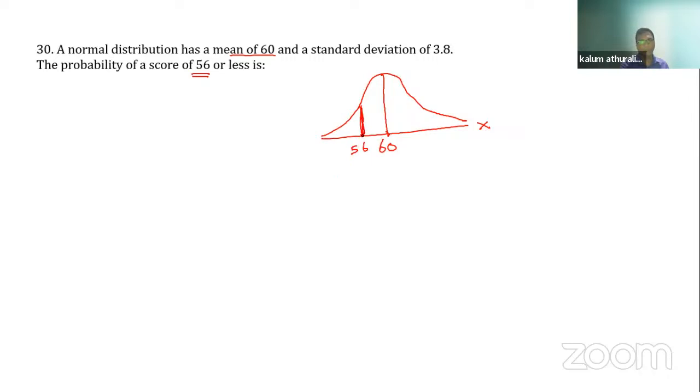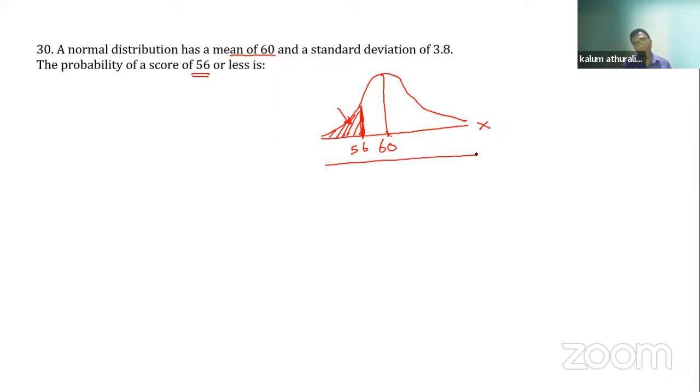Less than 56 means this area. Now you want to find this area. The area under the normal distribution equals the probability.